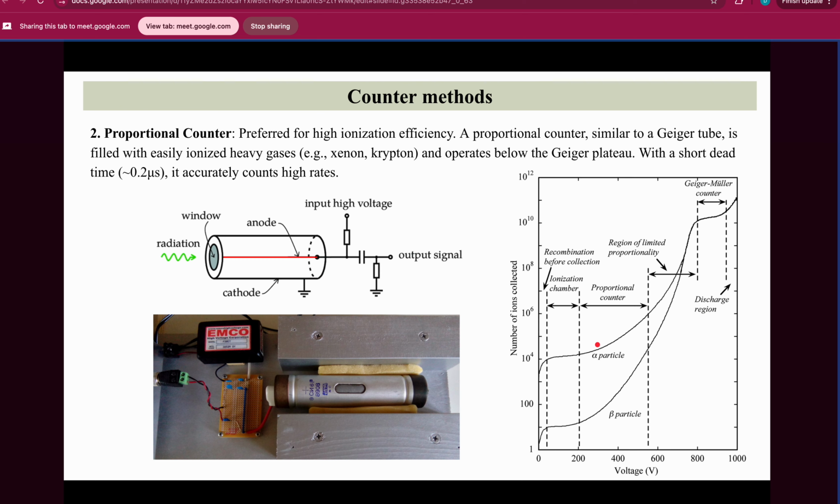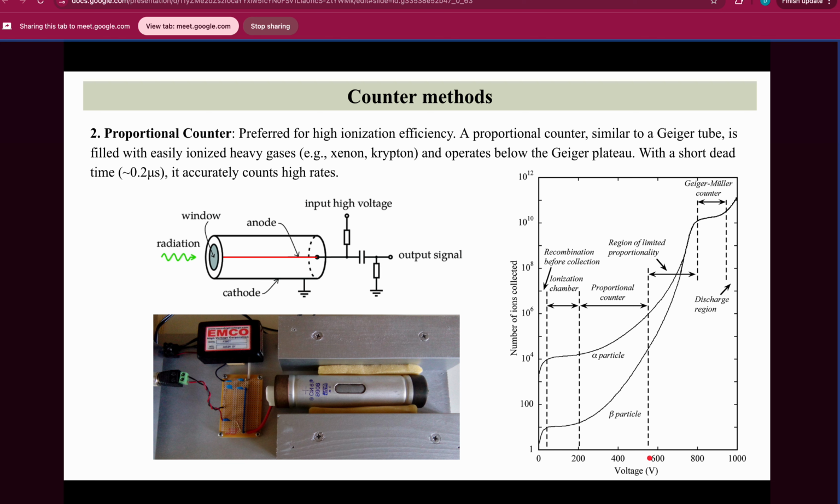So the second counter method is the proportional counter. This is similar to the Geiger-Müller, but the difference is that instead of argon, it has heavy gases which are easily ionizable, such as xenon and krypton, and it operates below the Geiger-Müller plateau. So this is the plateau, this is the voltage. The Geiger-Müller needs to be operated at this particular voltage, but the proportional counter is operated generally between about 200 and 580 volts.